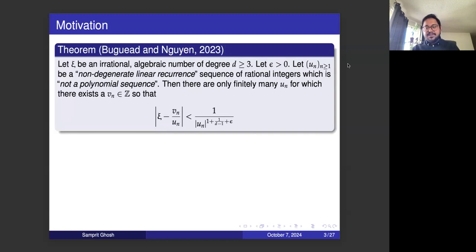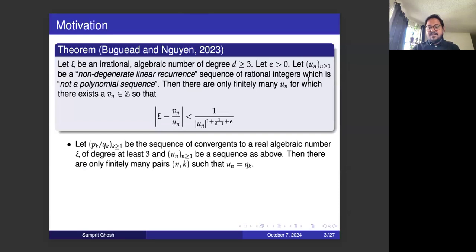This has some very interesting consequences. One of them is that if you let p_k over q_k be the sequence of convergents to a real algebraic number of degree at least 3, and u_n be a sequence as above, then there are only finitely many pairs for which u_n is equal to the denominator of a convergent, u_n equals q_k.